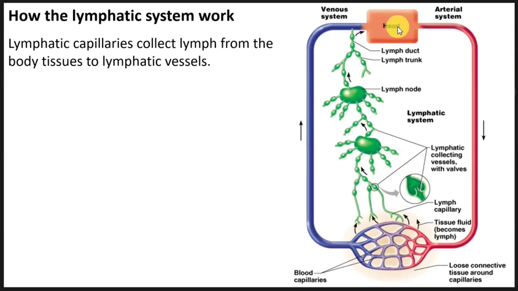We have the heart, and the blood on the left side of the heart is red. It contains oxygenated blood. Then on the right side of the heart, the blood is blue in color, meaning it contains deoxygenated blood.